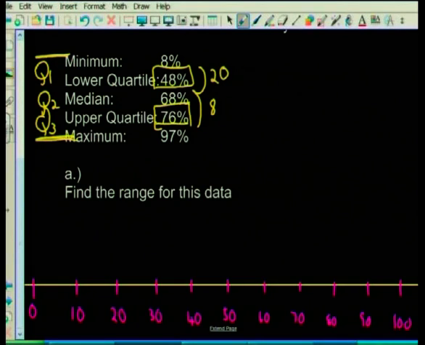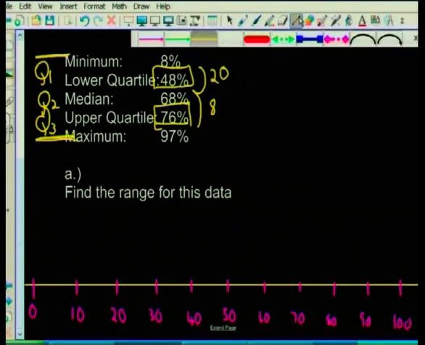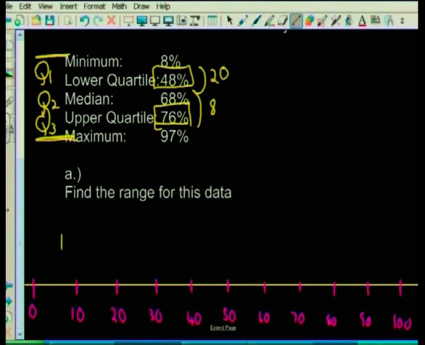Now what you're going to do is you're going to, and you must use a ruler for this, draw a line on my minimum value. Now my minimum value is about 8%, so I'm going to put it there, just before the 10. Then I'm going to draw a line on my lower quartile, which is 48%, so that is there.